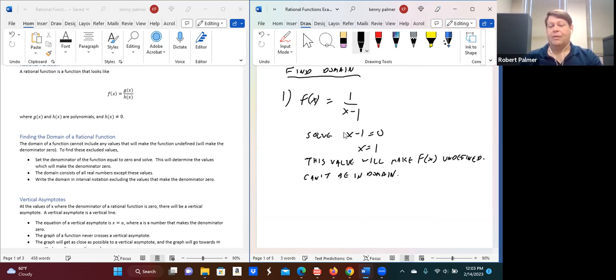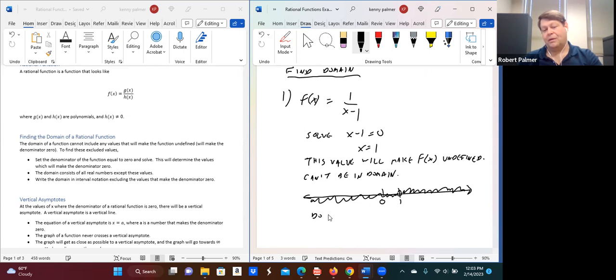Now, that's actually the only value that can't be part of the domain. So our domain, if you want to think of it as a number line, here's 0, here's 1. We have to exclude 1, it's an open circle, but we can include everything to either side of 1, the left side and the right side.